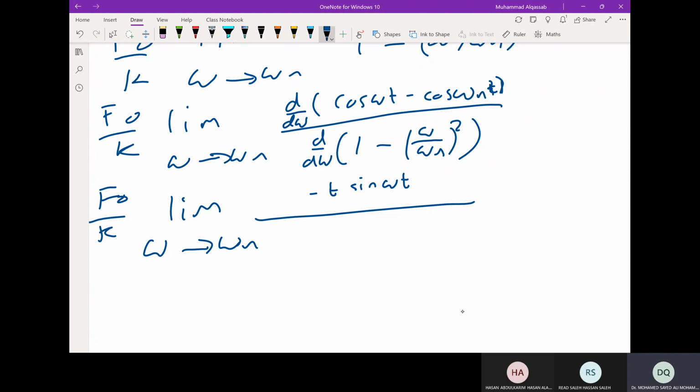And the derivative of cosine omega n t is 0, because there is no omega here. In the denominator, d by d omega of 1 is 0, and then minus 2 omega over omega n squared. We are differentiating with respect to omega, so omega n squared we'll keep as it is.